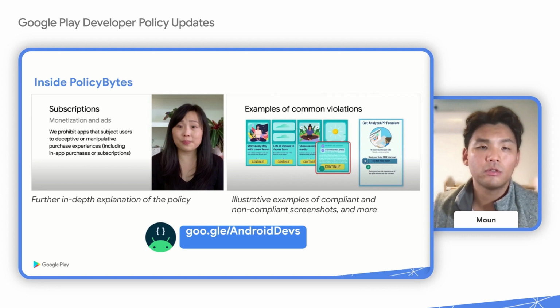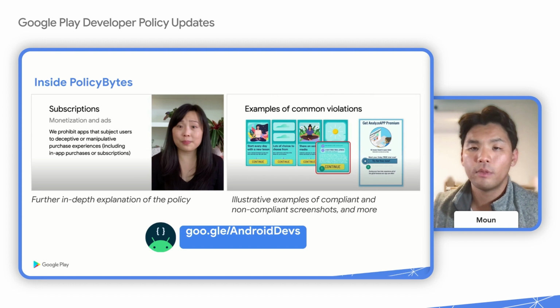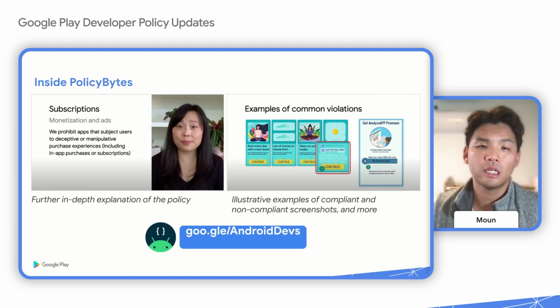And to check the past and recent policy updates, please watch the Google Play Policy Bytes videos in the Android Developers YouTube channel. The Policy Bytes videos give an in-depth explanation of policy with illustrative examples of compliant and non-compliant screenshots or examples, and also enforcement timelines.